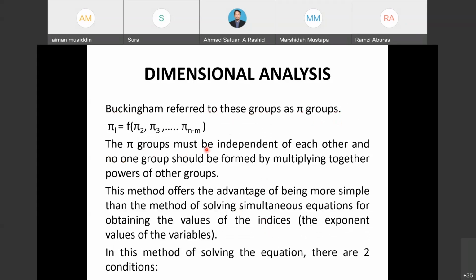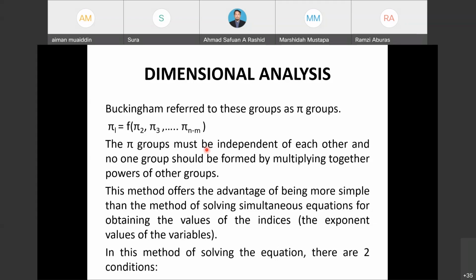It means that if we have 9 parameters, we need to use all these 9 parameters to create the dimensionless equations. We are not allowed to reuse them again unless it is necessary. I will discuss that later on.